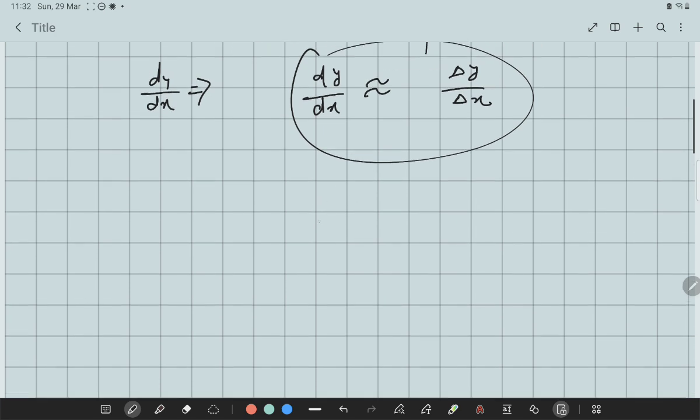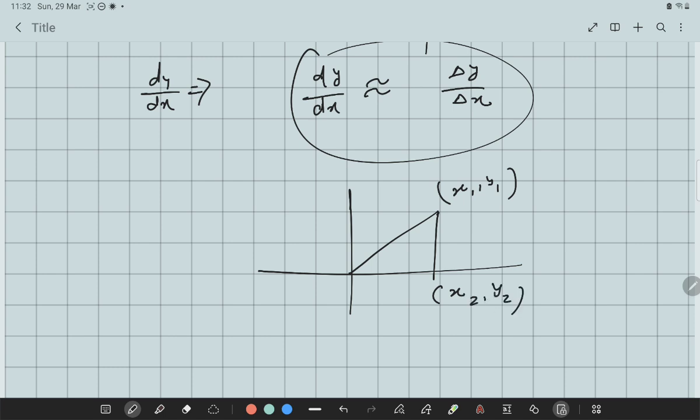Just imagine that in a particular situation you have some graph here. If I take this point as (x1, y1) and this point as (x2, y2), let's make it a little more complicated and take the point like this over here.